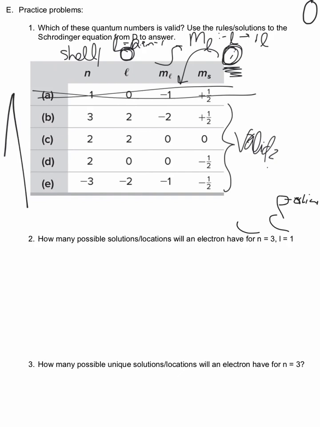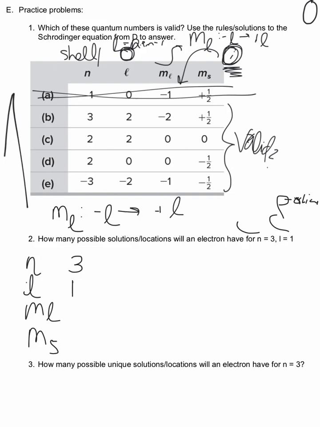Let's say we have our n, our L, our M sub L, and our M sub S. We're stuck with values of 3 for n and 1 for L. If we remember, M sub L is equal to minus L to plus L. So for M sub L, we can have values of minus 1, 0, and positive 1. And for our M sub S, we can have values of plus or minus 1/2.